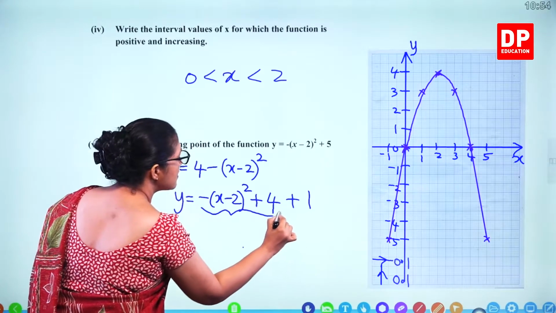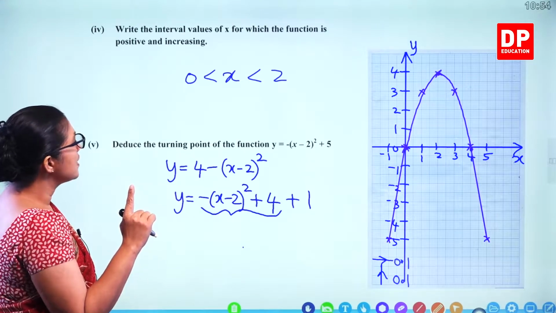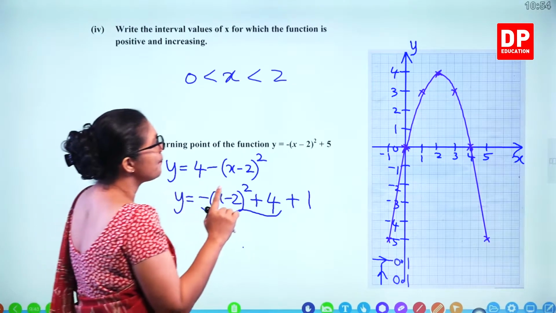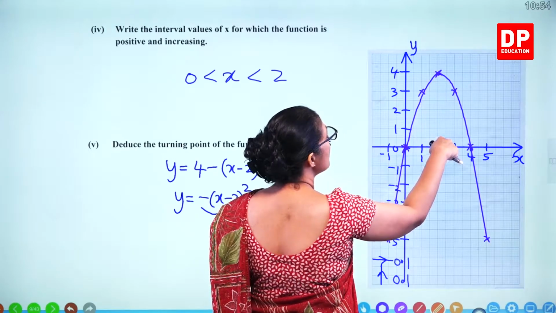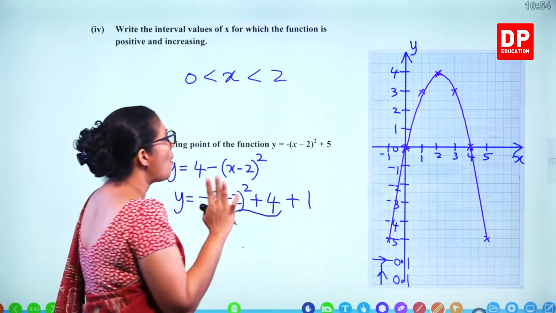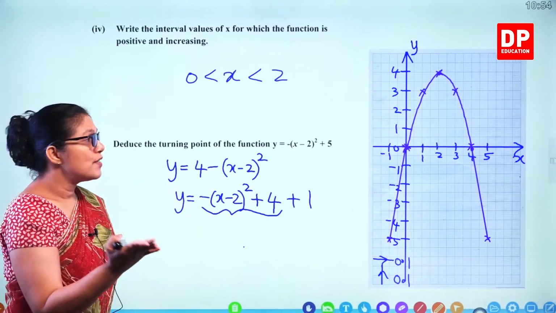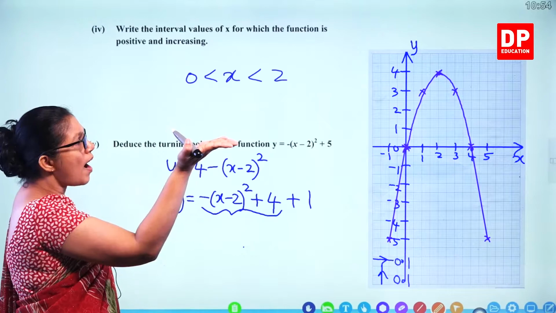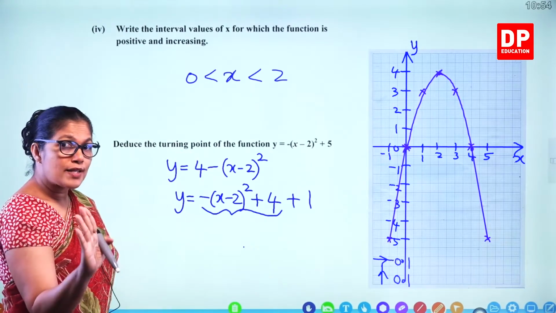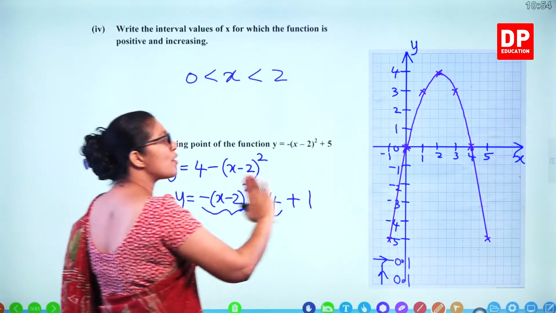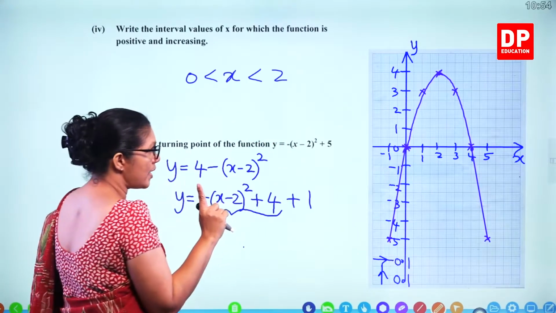So this is our previous graph. What's the maximum point? The turning point? 2, 4. X equals 2, y equals 4. But what happens? Adding 1 for y. That means moving 1 unit upwards. But nothing happens to the x value. So this way it's not moving, only the graph moves up by 1 unit.